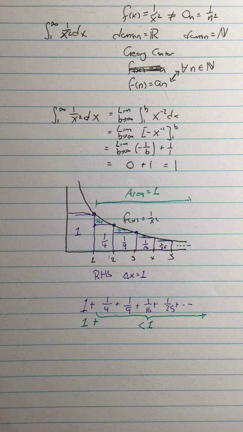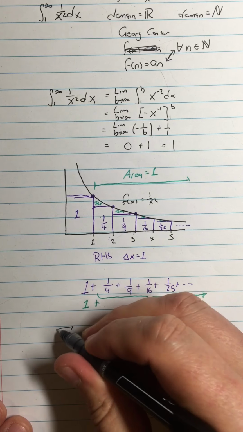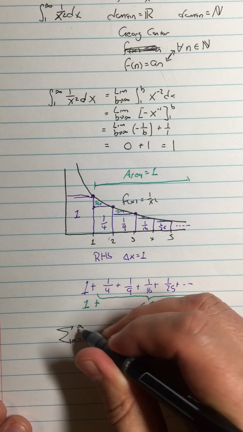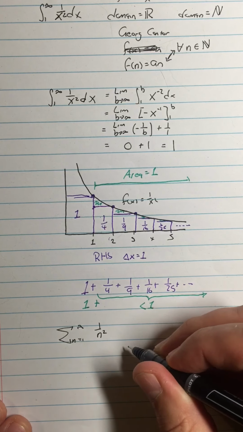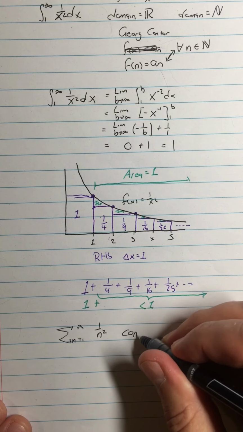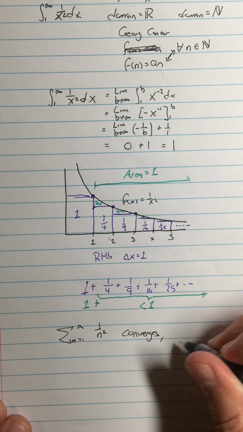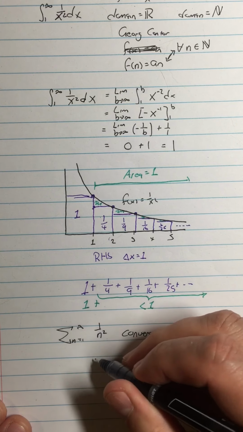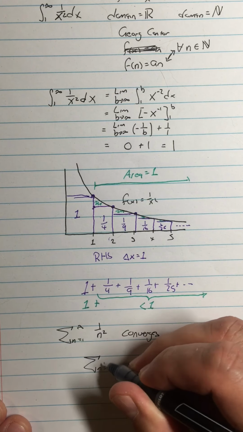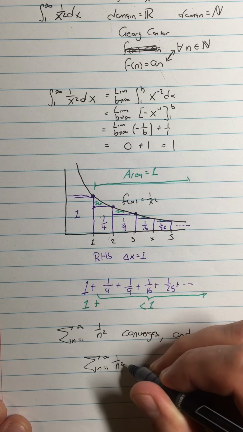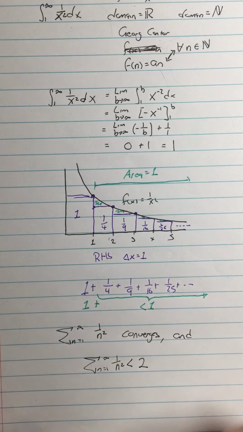So the conclusion that I arrive at here is not only does the sum from n equals 1 to infinity of 1 over n squared converge, but also the sum from n equals 1 to infinity of 1 over n squared is less than 2.